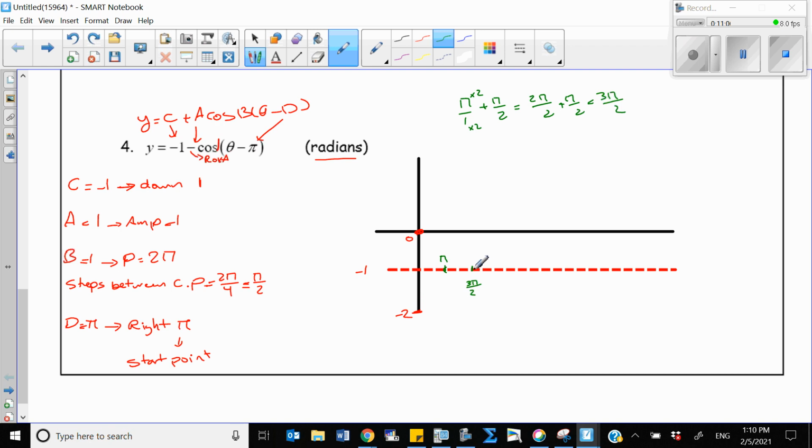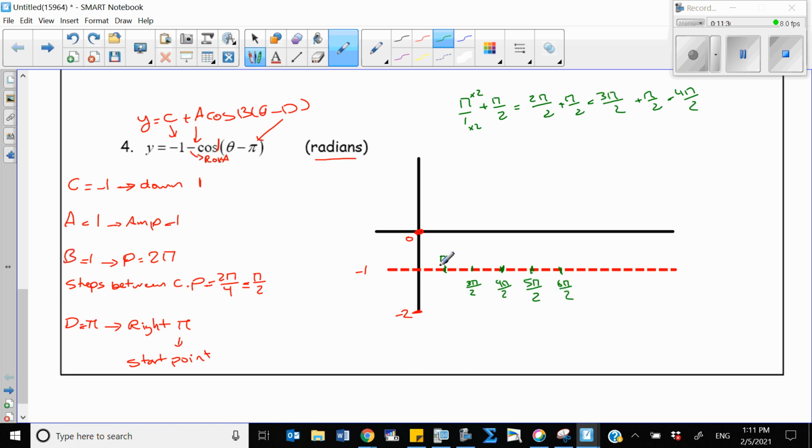The next critical point is at 3 pi over 2. For the next one, I add another pi over 2, which gives 4 pi over 2. You can also simplify this as 2 pi, but it's okay if you keep it like this. Add another pi over 2 for 5 pi over 2, and another for 6 pi over 2, which simplifies to 3 pi.